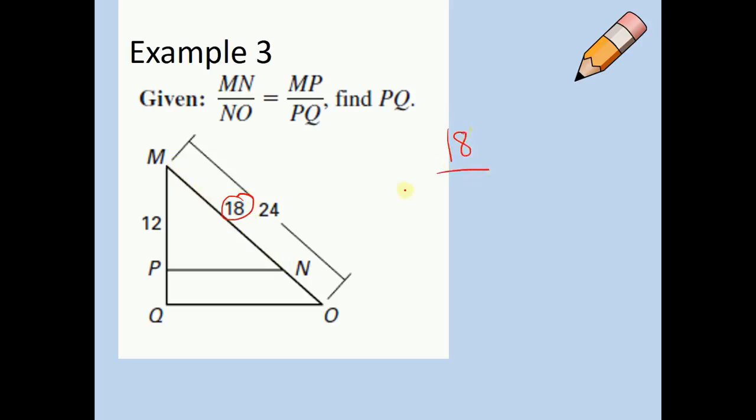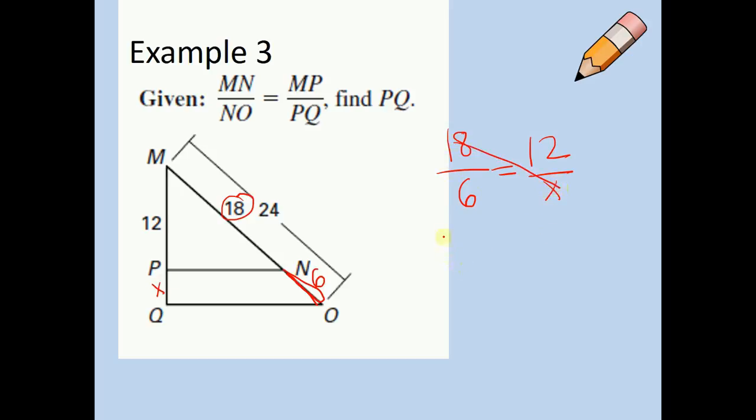We don't have a measurement for NO, but I know M to O is 24 and M to N is 18. So something plus 18 has to give me 24. It's got to be 6, right, for the NO measurement. MP is 12, and they want me to find PQ, so we're going to call that x.